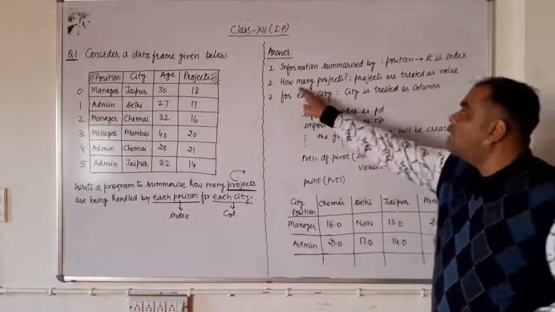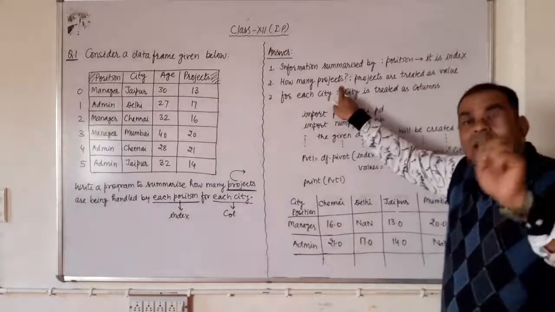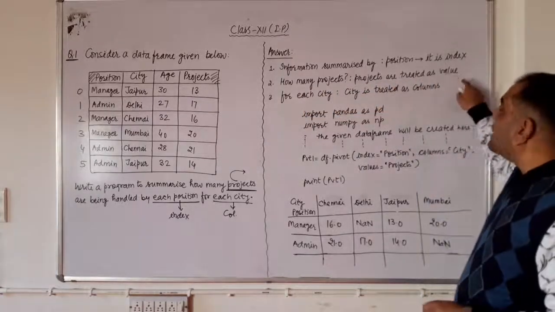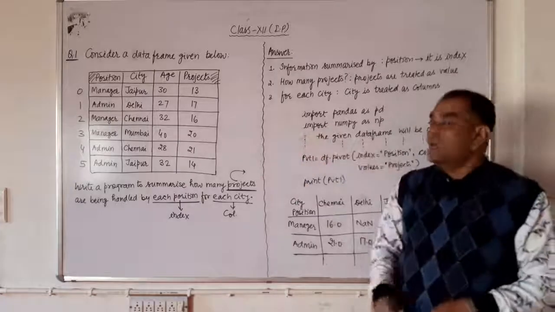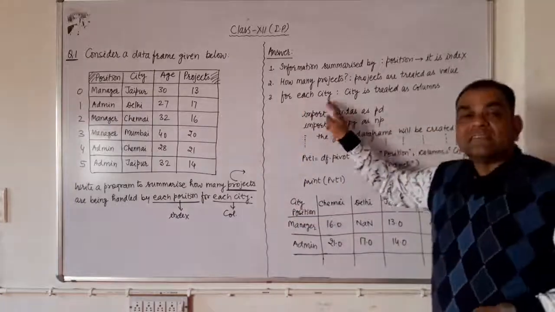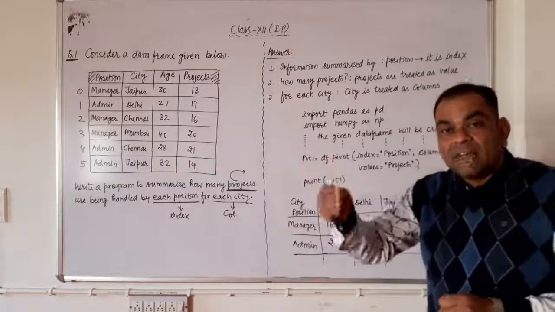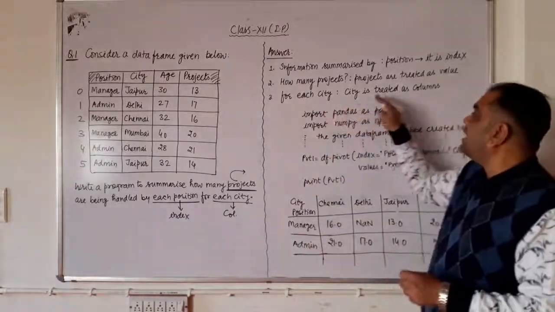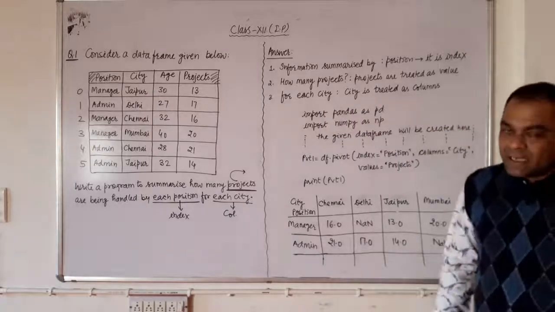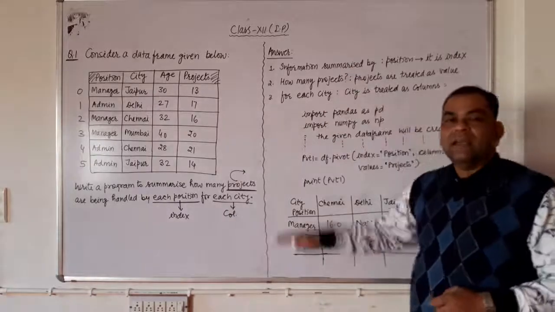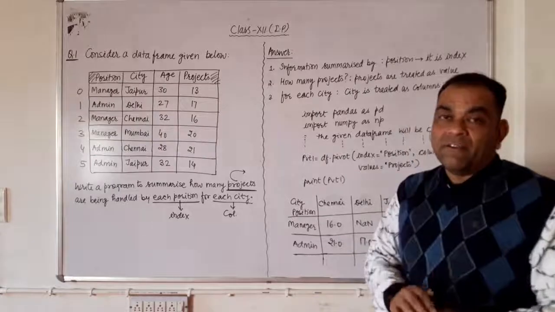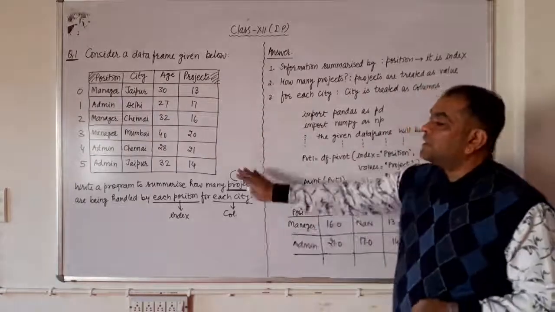Next one, how many projects means values. Projects are treated as values in this question, and for each city we have to show the project value related with each and every city. So city is treated as column here, right? So these 3 points are required for the pivot function, and all these 3 points are there in the question.